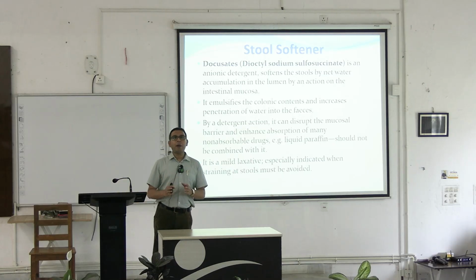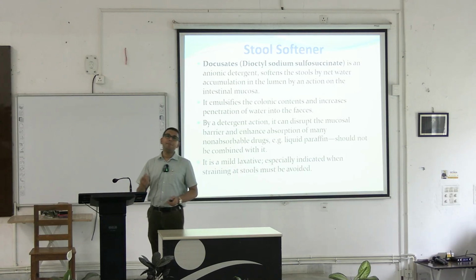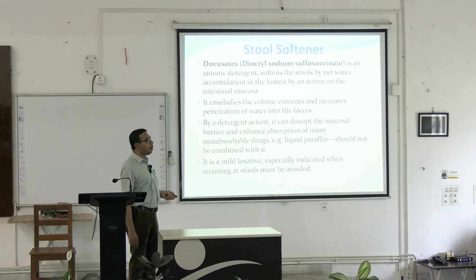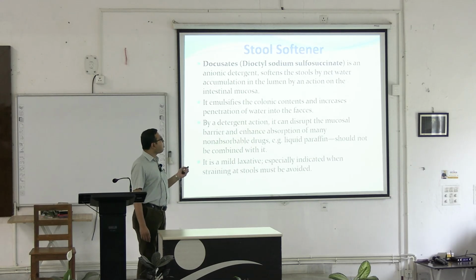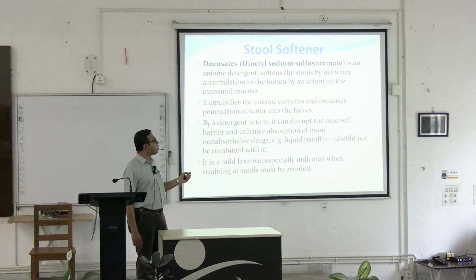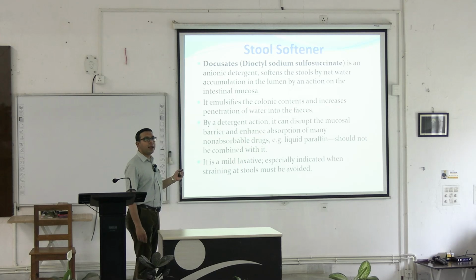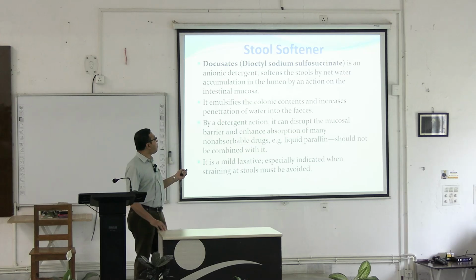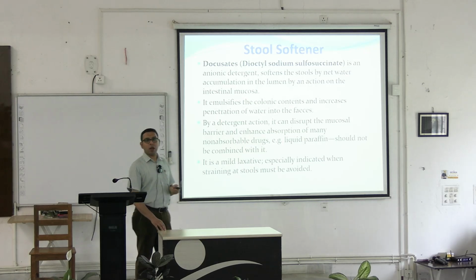After the bulk purgatives, the next luminally active laxative is the stool softener. An example is Docusate, whose full form is dioctyl sodium sulfosuccinate. It is a stool softener, basically an anionic detergent, which softens the stool by net water accumulation in the lumen through an action on the intestinal mucosa.